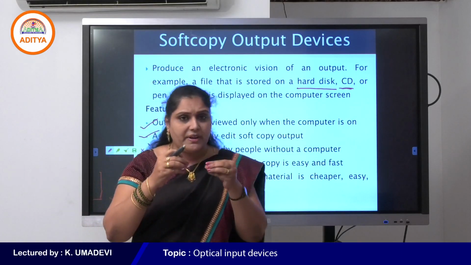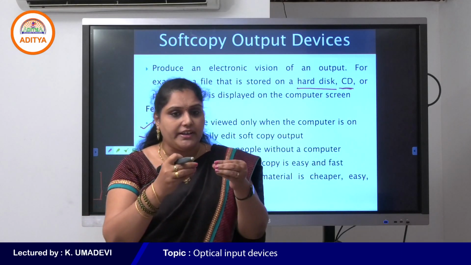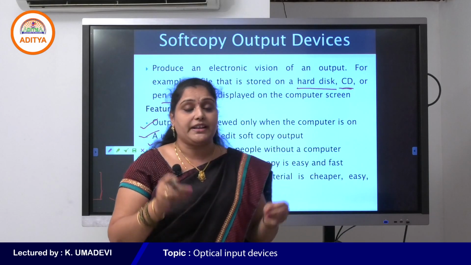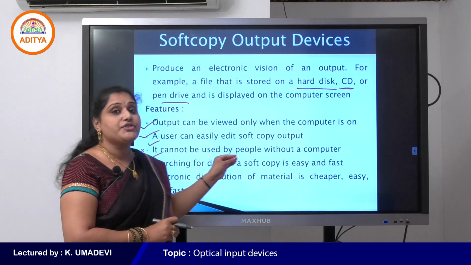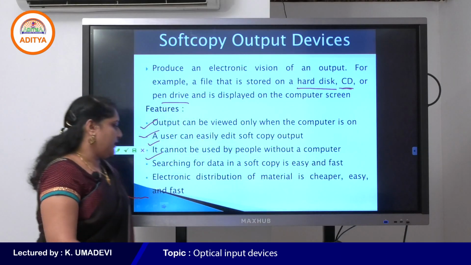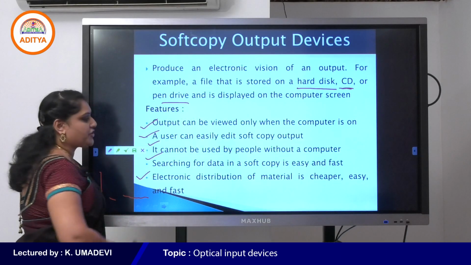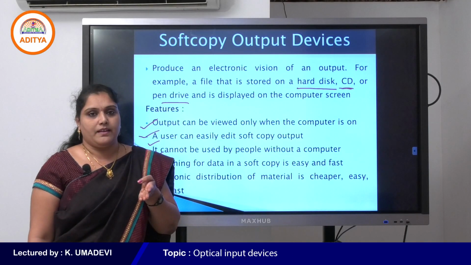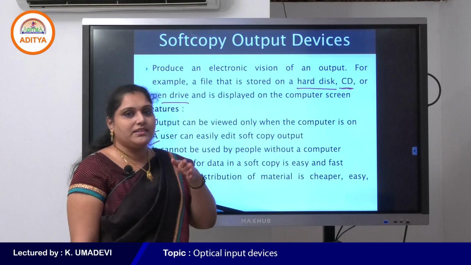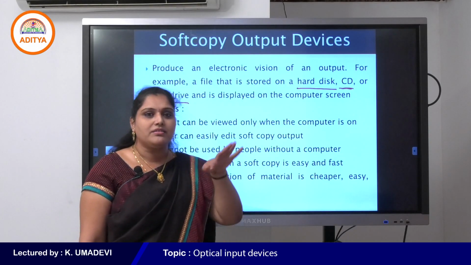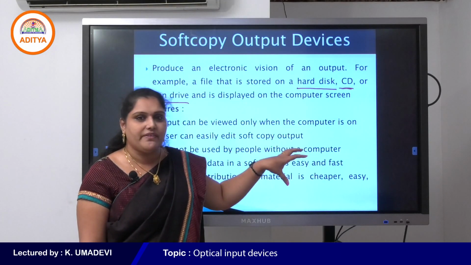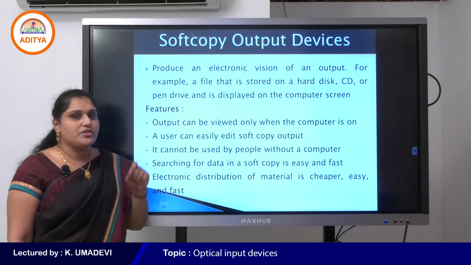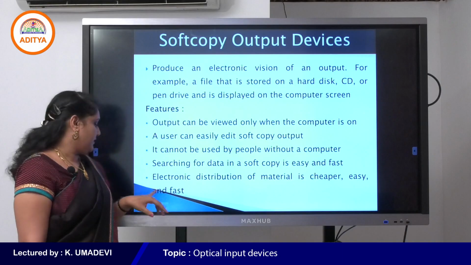If you want to edit a particular line or a particular character, that can be made easy in soft copy. And last, electronic distribution of material is cheaper, easy and fast, because we can print the information which is stored on soft copy output devices. Am I right? Yes. So this is about soft copy.